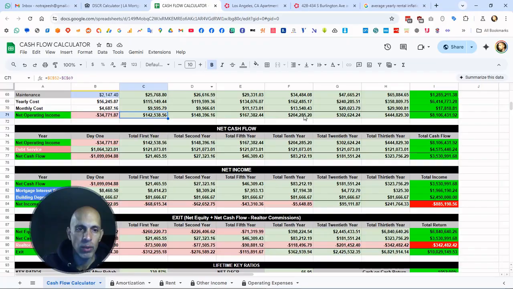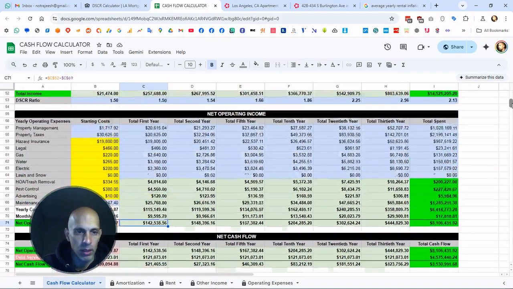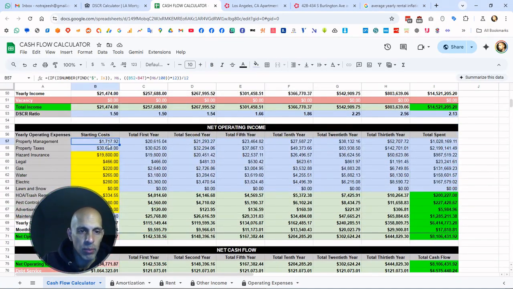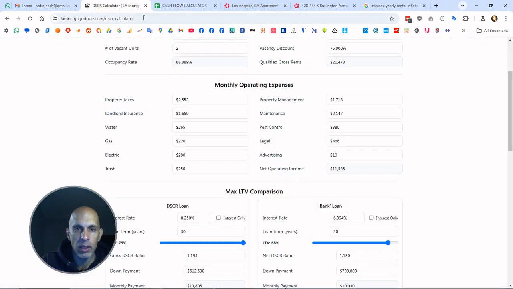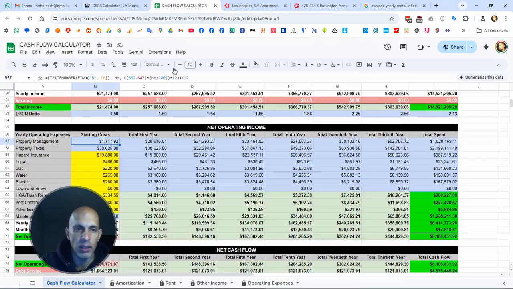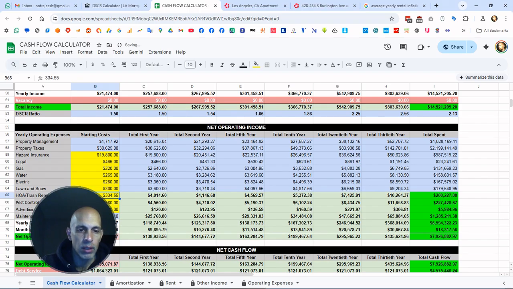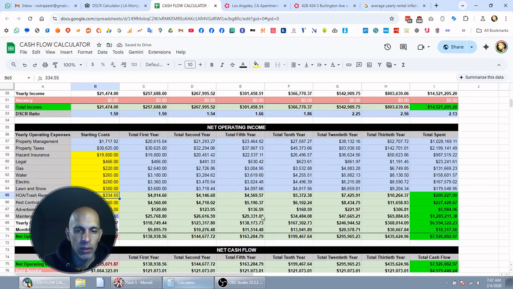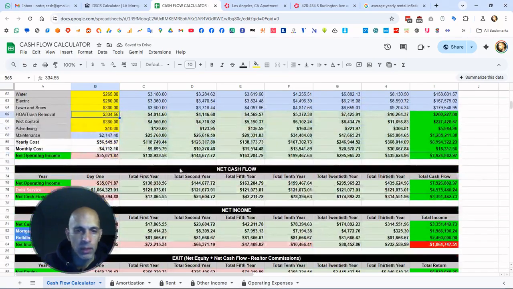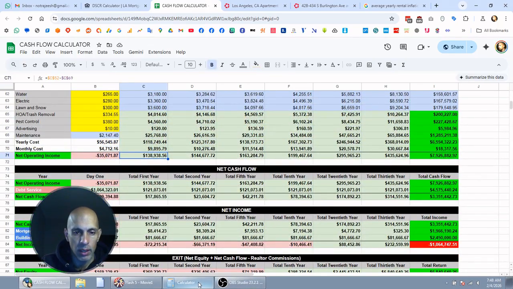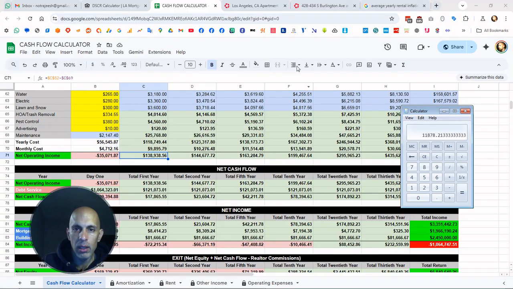We need to increase an expense a little bit. So we're seeing property management at 1717. What are we seeing here? 1718. That's about right. Where are we short? Well, let's say 300 right there. Okay, so now it says 138,938 per month.